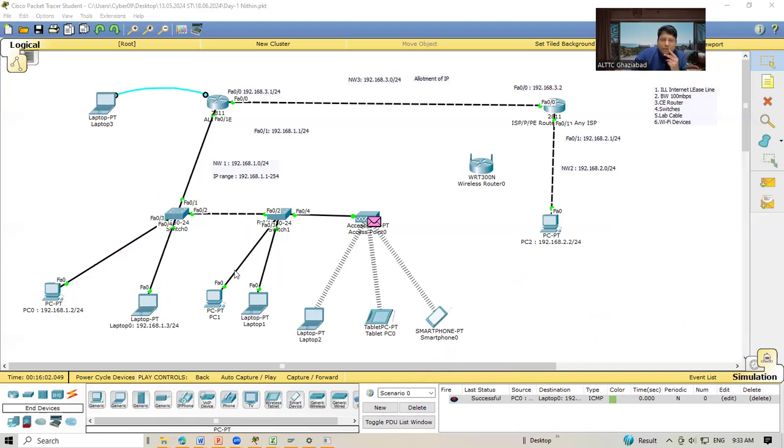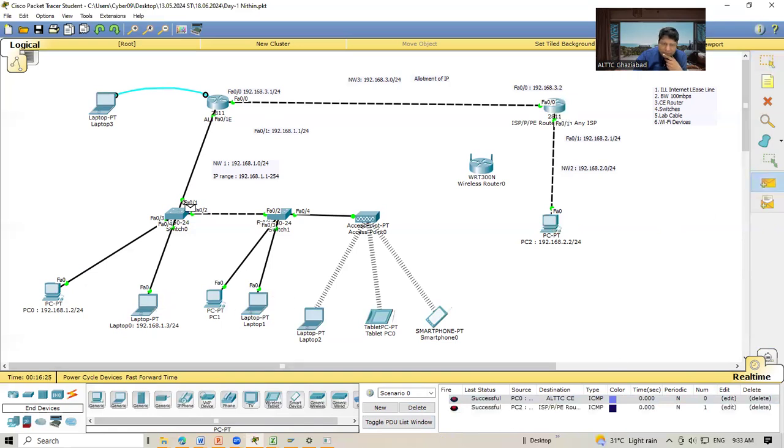Okay. One more thing, already explained on the very first day in the practical session, we have a hub and a switch. Now I communicate from this laptop to this PC, no problem. This PC to this router is successful. Same from this PC to this, successful.